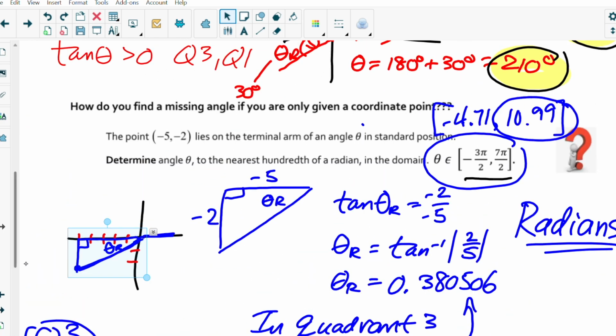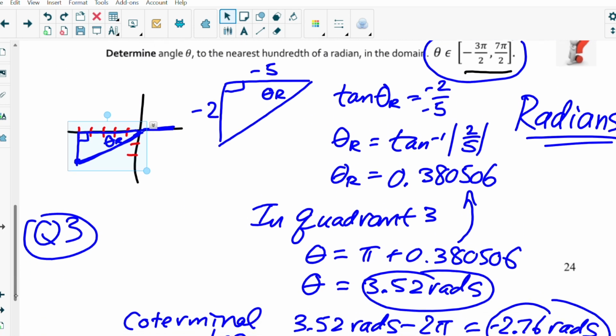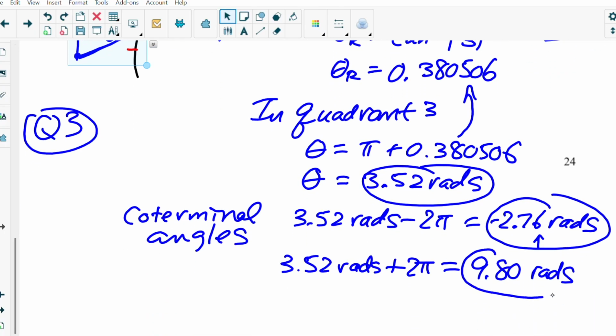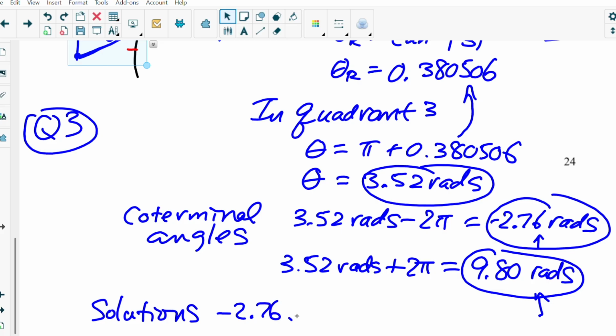That is well within my positive boundary for the domain. If I add another 2 pi radians to this, I'm outside of my boundary. So what are my solutions? Negative 2.76 radians, 3.52 radians, and 9.80 radians.